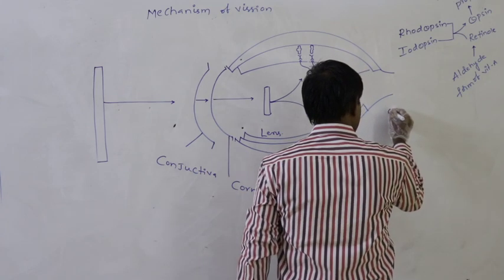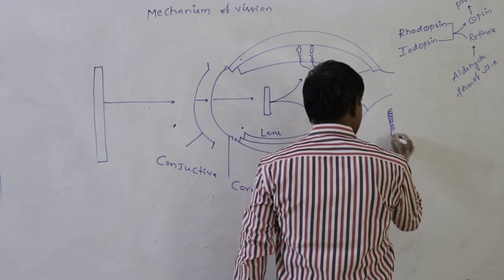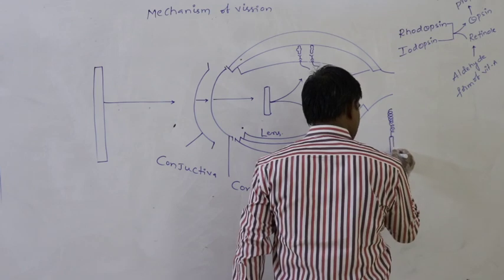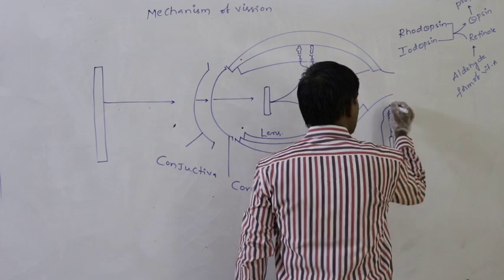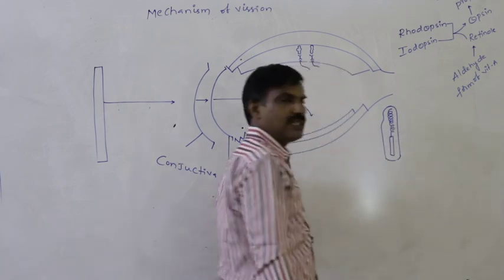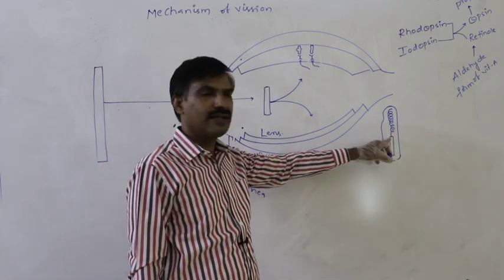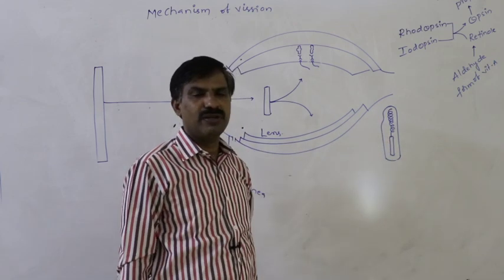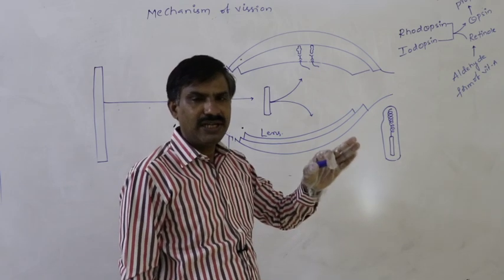Naturally, this opsin protein is always tightly attached to retinol inside the photoreceptor cell like this. This opsin is always connected to the retinol inside the photoreceptor cell in tight contact.